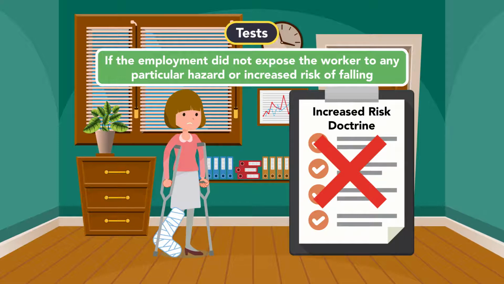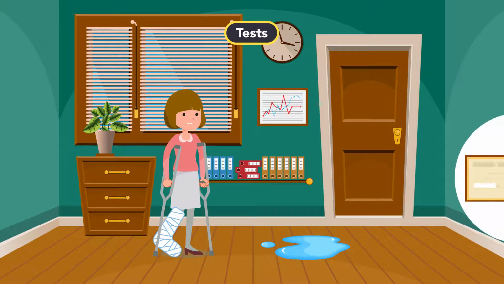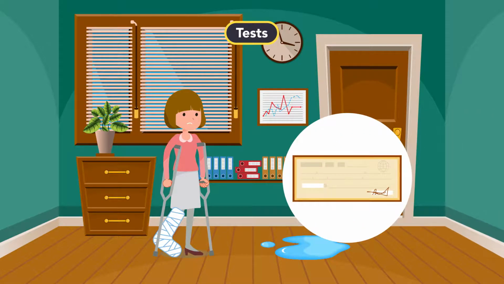If the area where the employee fell was clean, dry, and flat, there would be no increased risk of falling. On the other hand, if the employee had to walk across a slippery or uneven surface to get to the training, then the fall could be compensable.